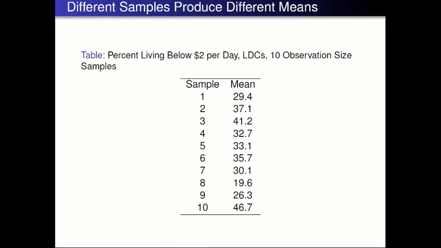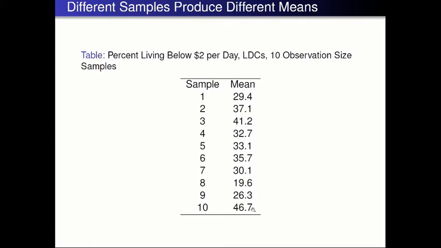In order to illustrate how far off a sample mean can be, I created 10 random samples from the dataset of the 124 LDCs. The averages for the percent living below $2 a day variable range from 19.6 to 46.7.